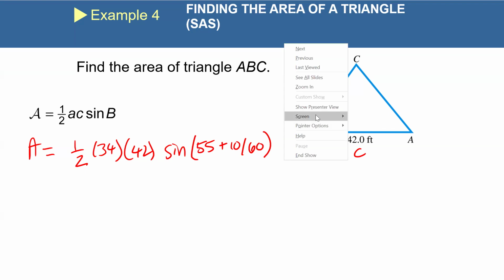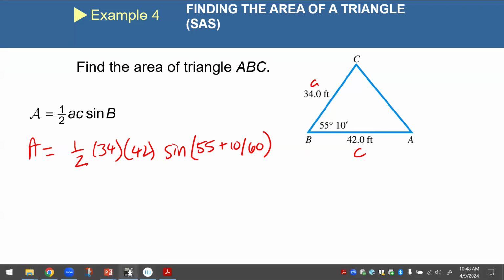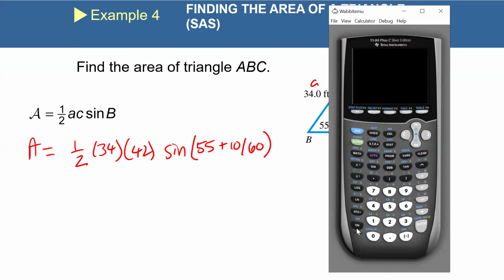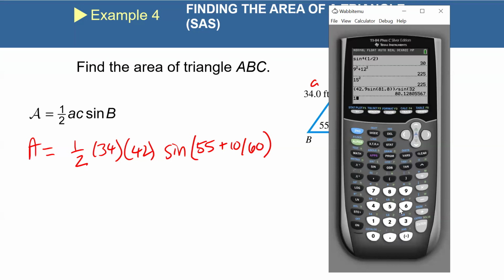Okay, so I go to my calculator, and I'm going to put in 1/2 times 34 times 42 times the sine of 55 plus 10 divided by 60.